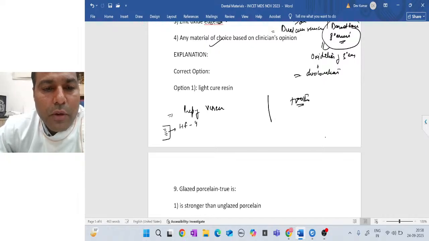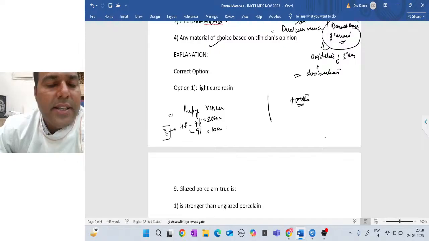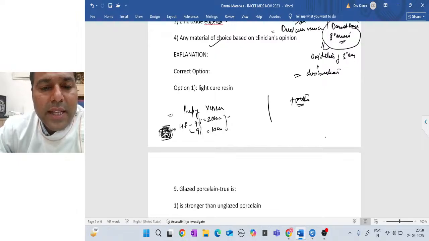It might be 4%, it might be 9%, 4 to 5%. We can keep it for 20 seconds. If it is 9 to 10%, then for 10 seconds. We will just place it on the tissue surface, wait for this, and then we will wash it and dry it.